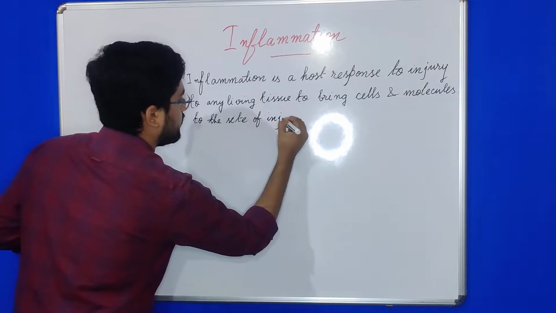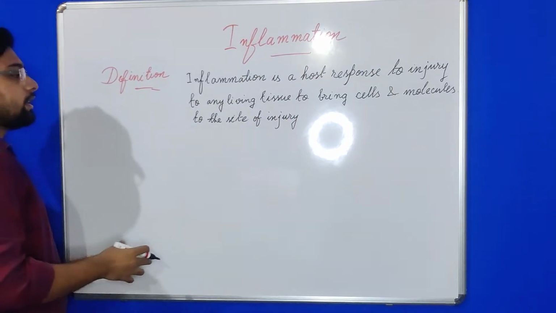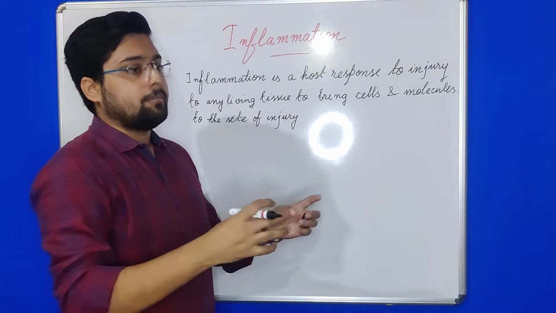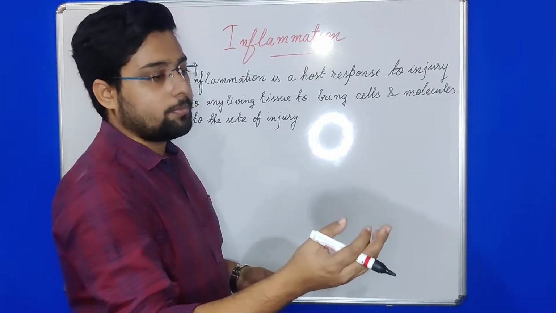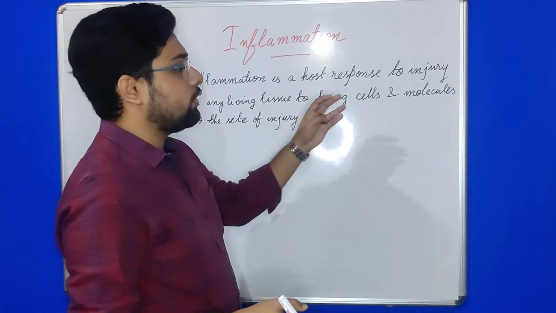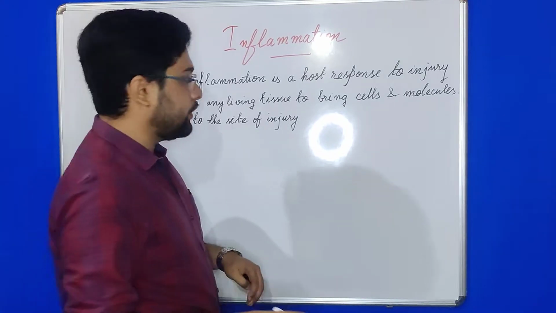At the site of injury, there will be swelling, there will be vasodilatation, and more and more blood will come to that site. The permeability of the capillary wall will increase, so that more plasma proteins and more WBCs can escape from blood vessels to interstitial fluid.